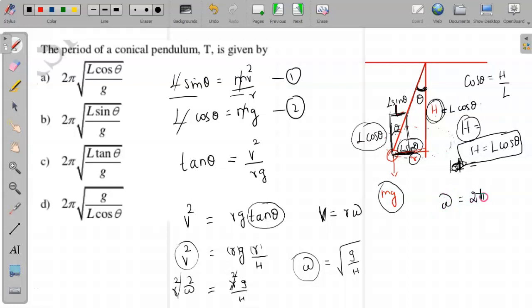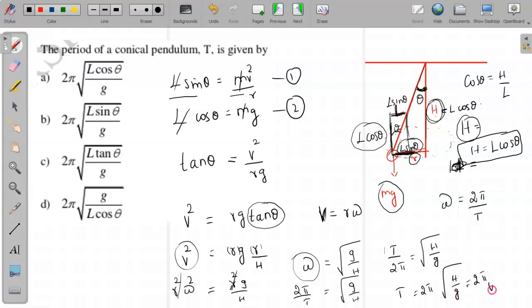The formula is 2 pi by T, time period. We can plug in here: 2 pi by T is equal to square root g by h. Now we have to take the reciprocal, T divided by 2 pi is square root h divided by g, just upside down, and time period T is equal to 2 pi square root h over g.